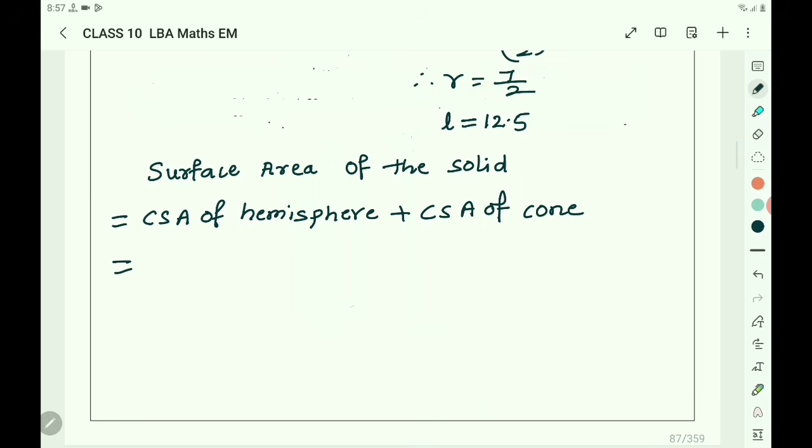Then you write the formula for the CSA of hemisphere. CSA of hemisphere is 2 pi r square plus CSA of cone is pi into r into L.